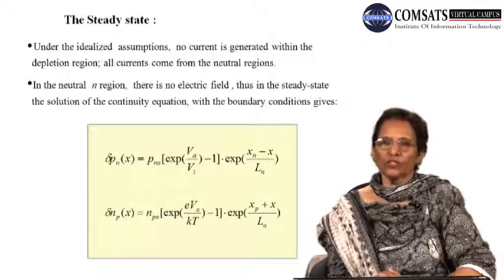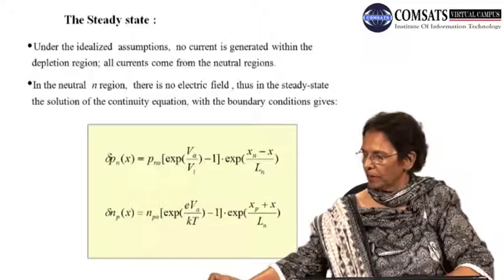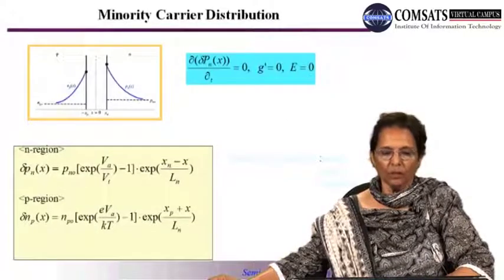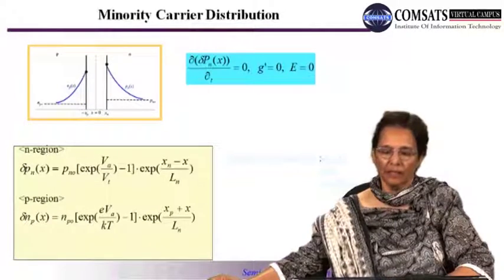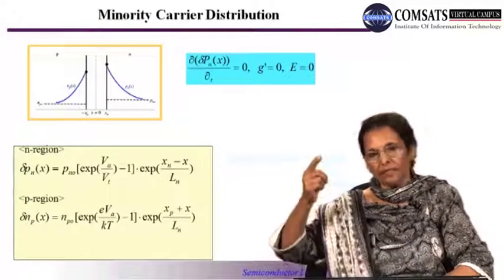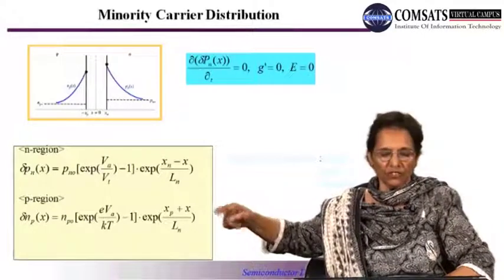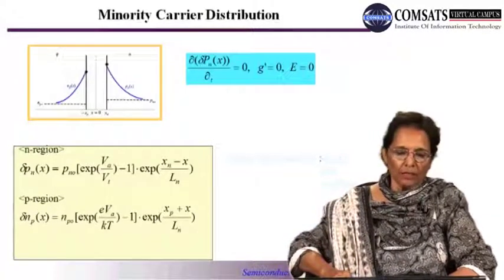Similarly, the hole concentration is explained at the bottom of this slide. Now I have shown this distribution schematically. You see the exponential decrease of the injected electrons on the P side.